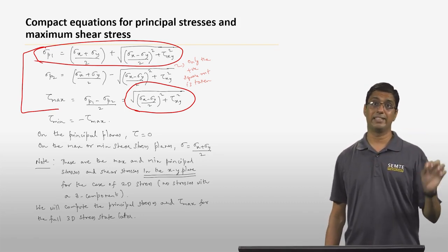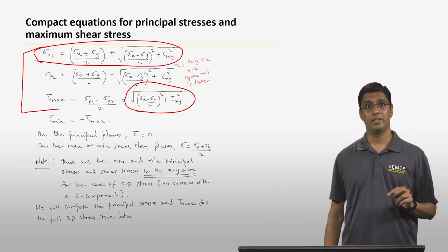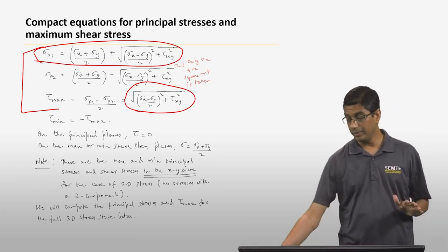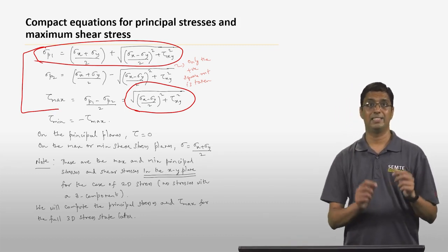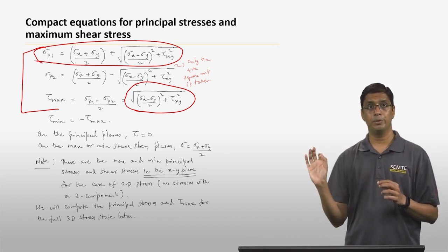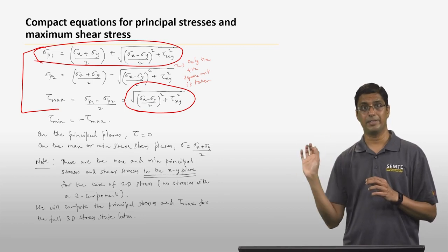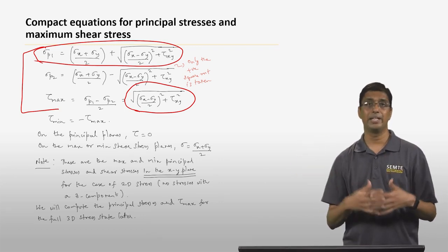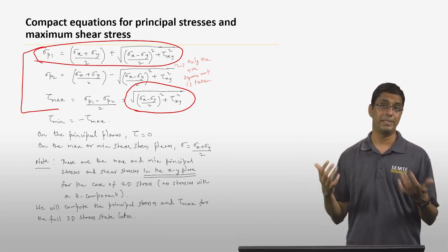So sigma P3 is actually greater than sigma P1. So this is something that you must keep in mind. All we can say is that sigma P1 will be greater than sigma P2. We don't know whether it will be greater than sigma P3.